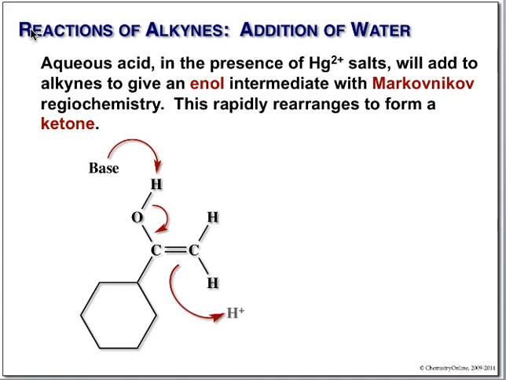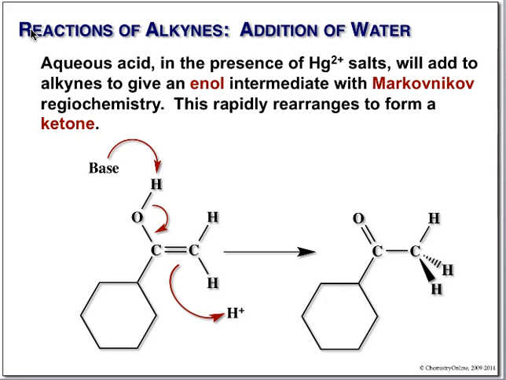These electrons are then kicked out, and they pick up a hydrogen on this carbon. The oxygen becomes a carbonyl. This end of the alkene, in this case, picks up the hydrogen and becomes a CH3. Enol ketone.